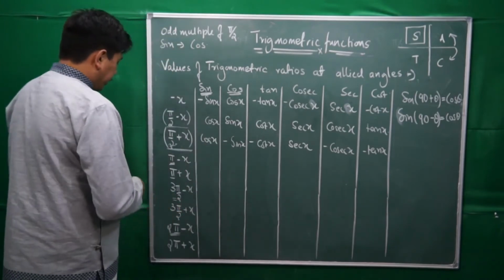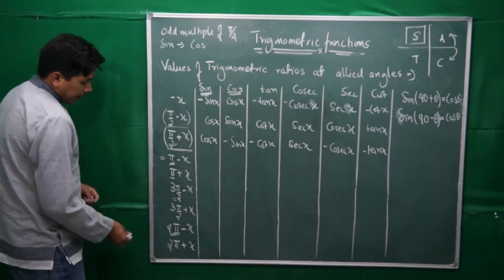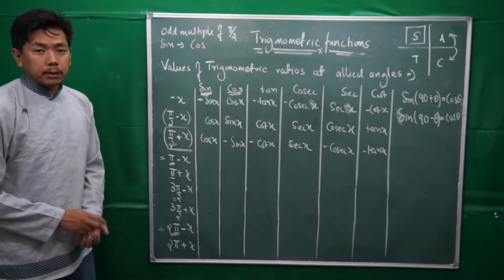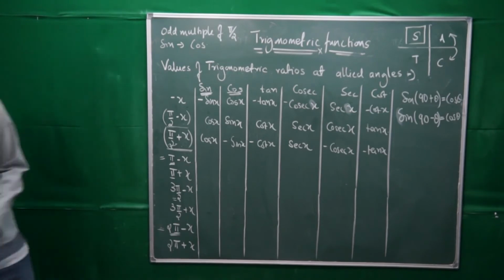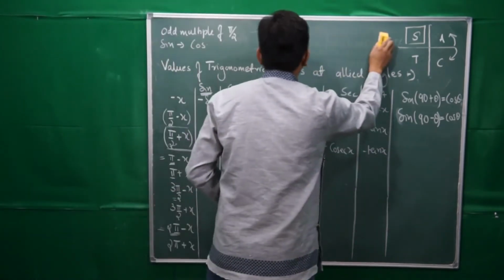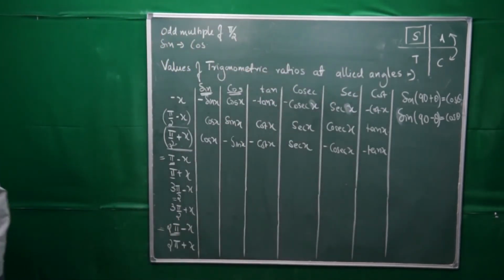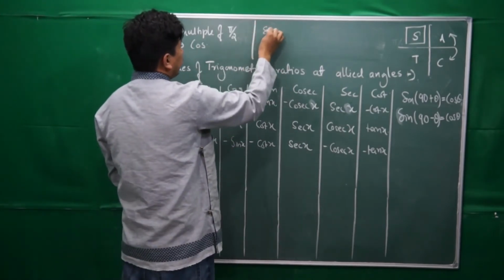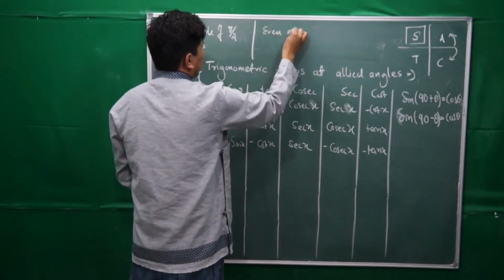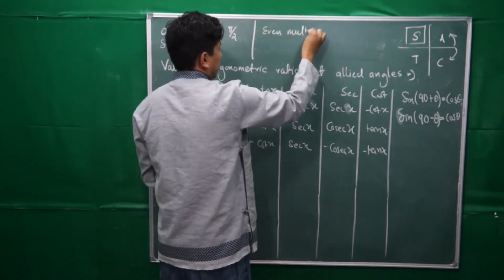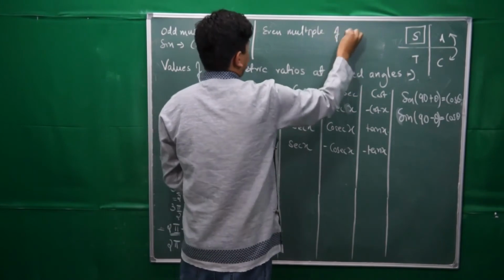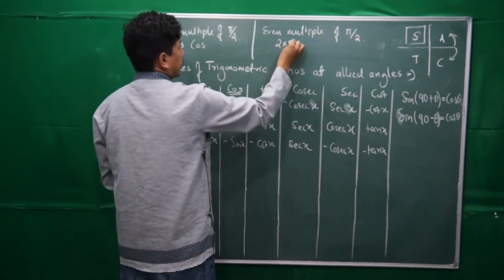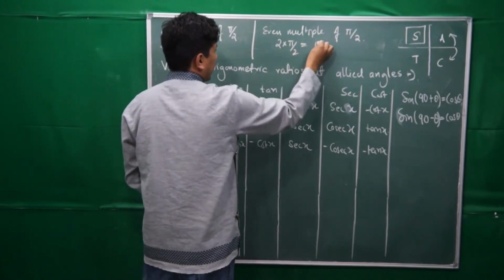Okay, so keeping this in mind, for pi and 2 pi, these are even multiples. So if we have an even multiple of pi by 2, let's say if I multiply 2 by pi by 2, this gives me pi.